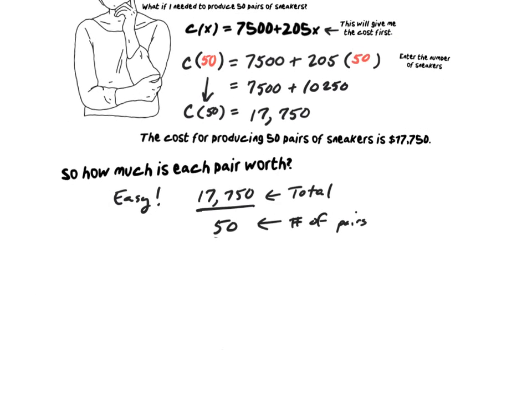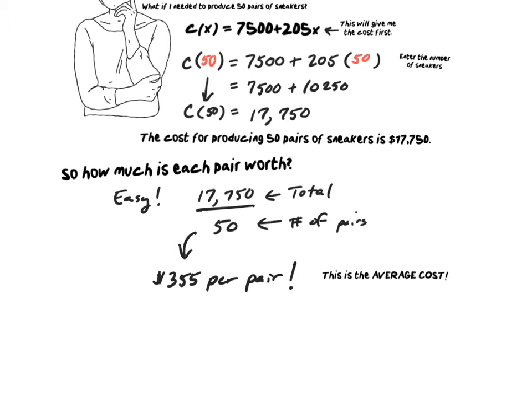So let's divide 17,750 by 50. The total amount comes to $355 per pair of sneakers. So herein lies the method on how to find an average cost function.